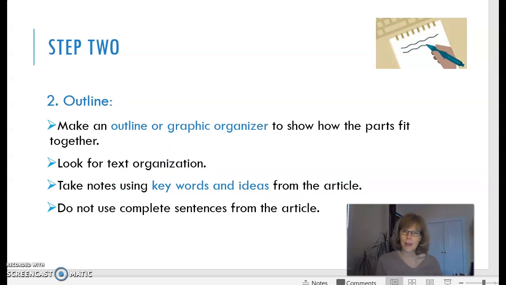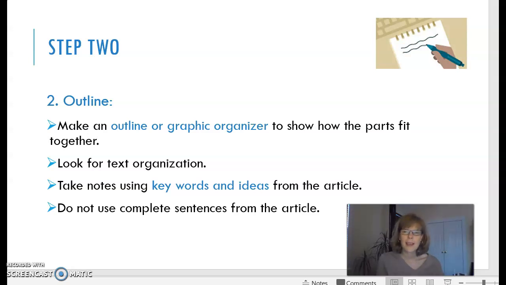After that, you're ready to make an outline, and you basically want to have something for each paragraph. So use the title, use the subtitles, use the sections, and then the number of paragraphs to create an outline. You can create a graphic organizer if you prefer. In your notebook, you can draw circles, you can show how the information in this article connects.